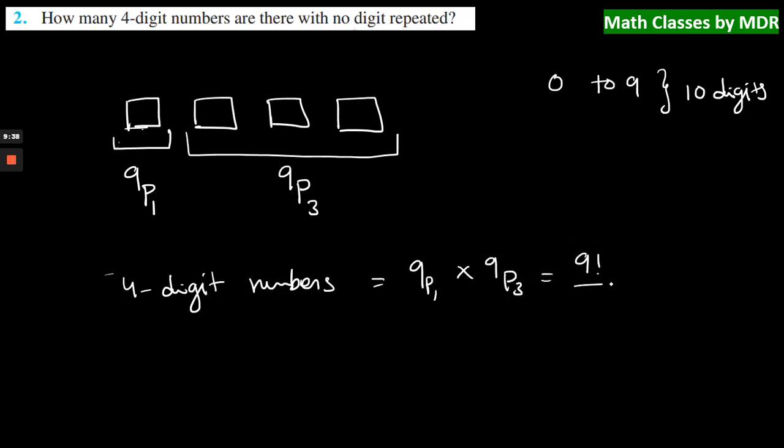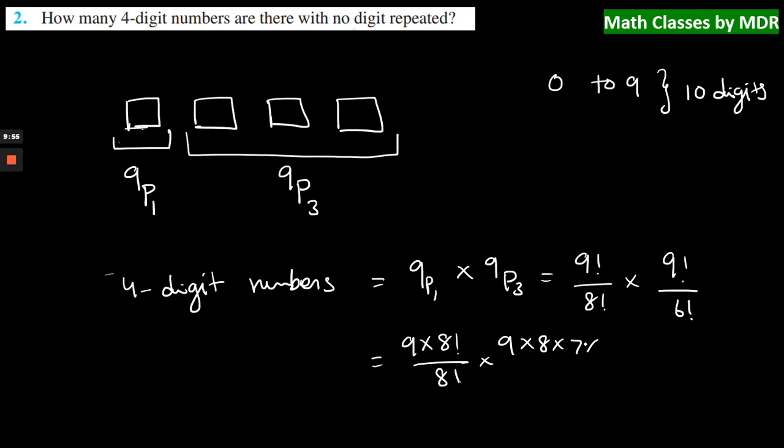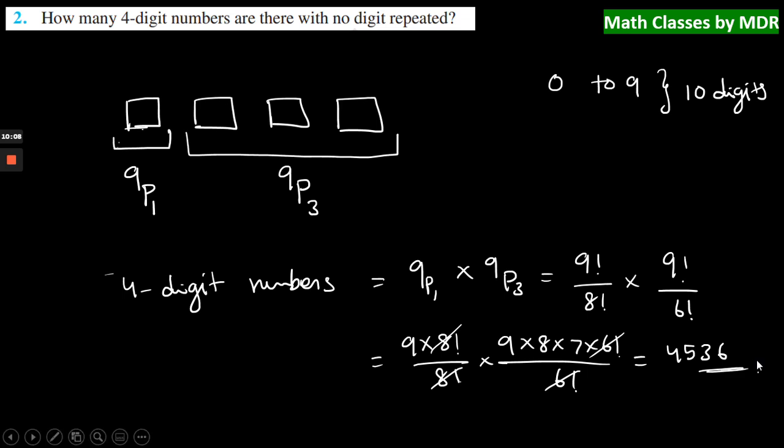It is 9 factorial by 9 minus 1 factorial, which is 8 factorial, into 9 factorial by 9 minus 3 factorial, that is 6 factorial. 9 factorial can be written as 9 into 8 factorial, divided by 8 factorial, and this can be written as 9 into 8 into 7 into 6 factorial, divided by 6 factorial. So this gets cancelled, this gets cancelled. So 9 into 9 into 8 into 7 is 4536. We get 4536 numbers.